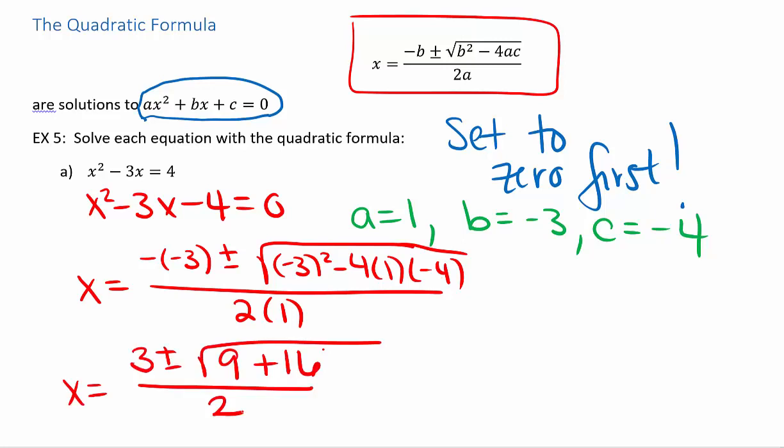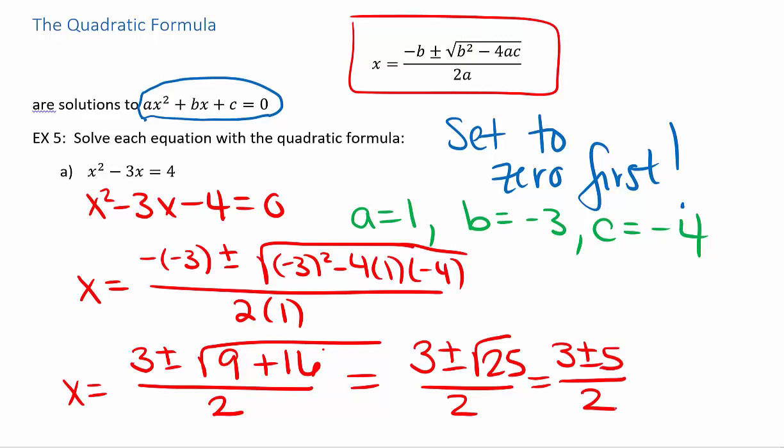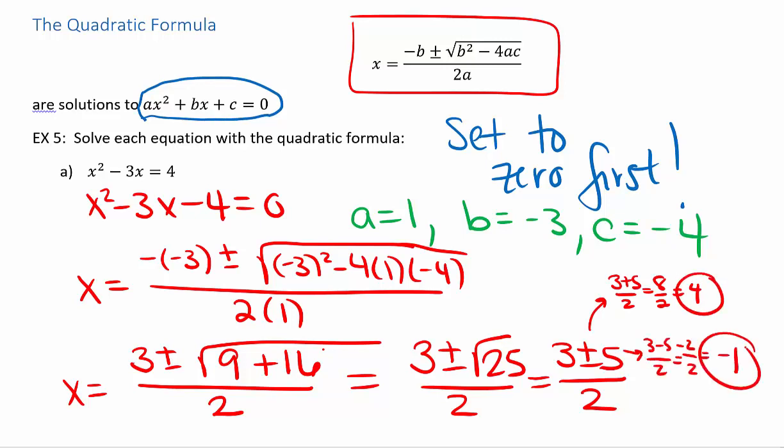Negative -3 is a +3. -3 squared would be +9. -4 times a 1 times a -4, 2 negatives there make it a +16. 9 plus 16 is 25. Root 25 is 5. 3 plus 5 is 8, divided by 2 is 4. 3 minus 5 is -2, over 2 is -1. So I have two answers, 4 and -1.